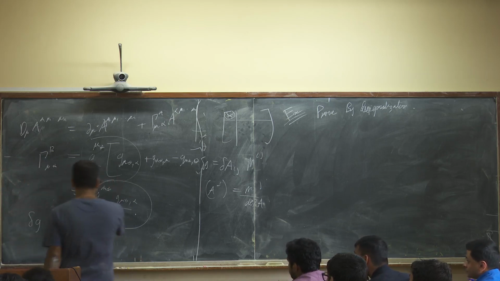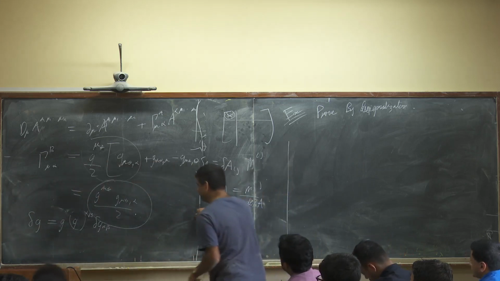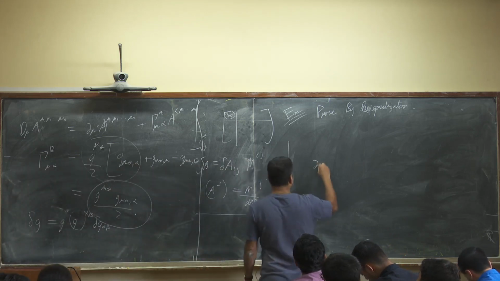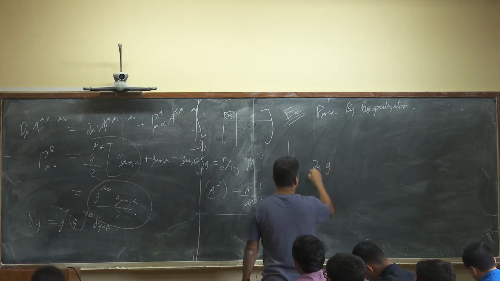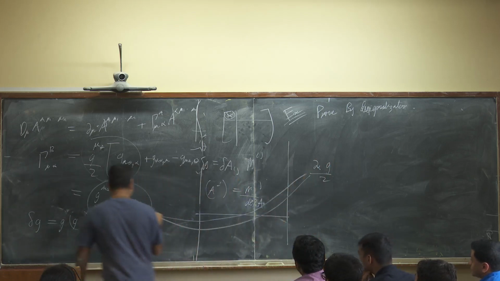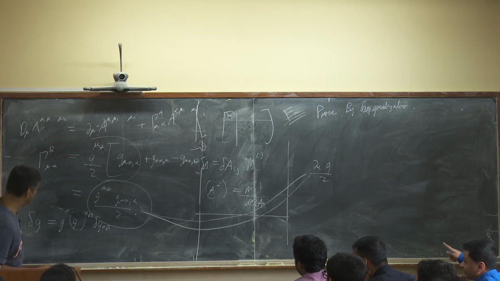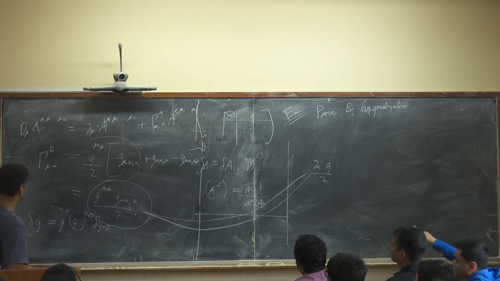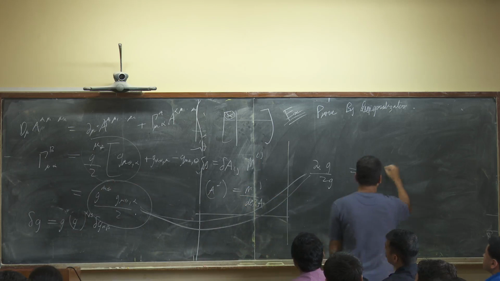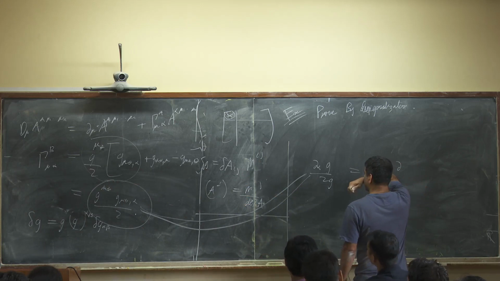So this quantity here is the same as del alpha of g over 2g, which is the same as half del alpha log g.